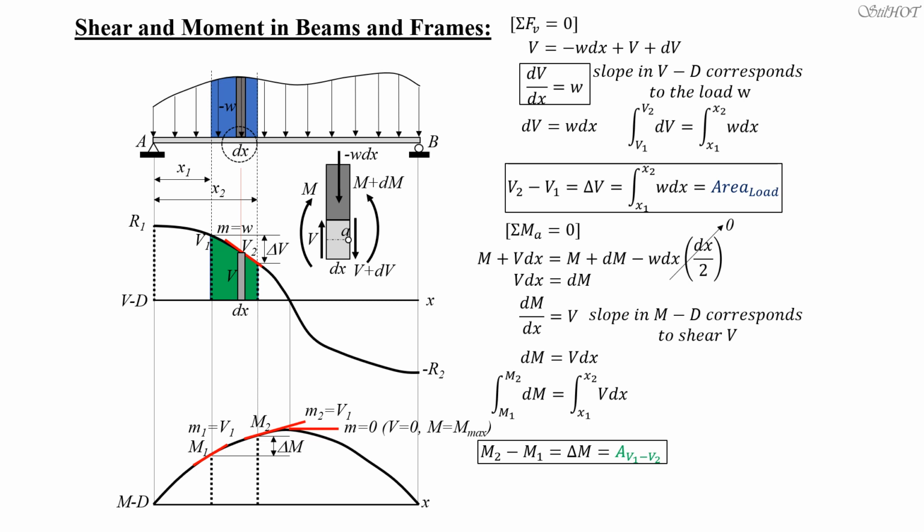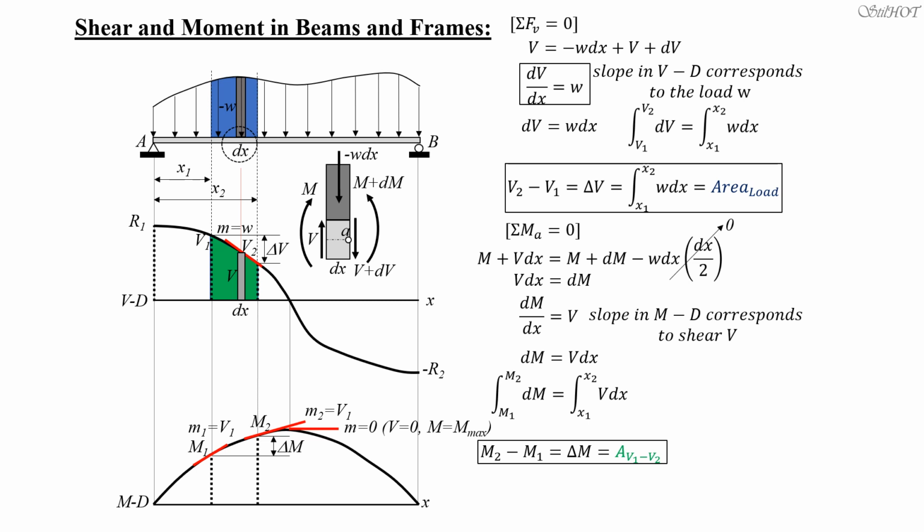So integrating dM equals V dx, integrating dM with limits M1 to M2, the interpretation of the right side is shear times dx, which is the area of this strip under the shear diagram. So the integral of dM is M2 minus M1, which is delta M, and the integral of the right side is simply equal to the sum of areas of this strip with limits from x1 to x2.